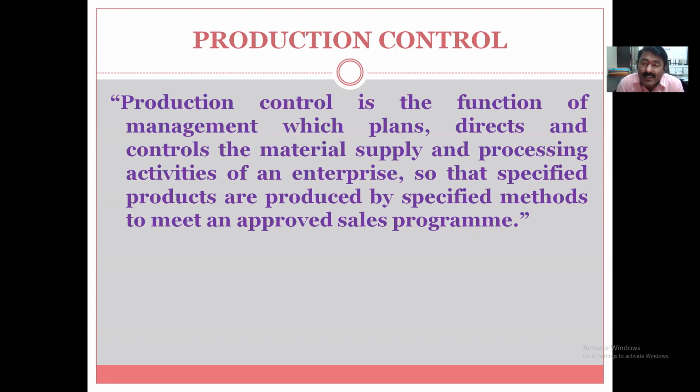Whether that activity is going as per the plan, in terms of quality and quantity, by considering all the aspects, this is nothing but production control. And if it is not as per the plan, then taking the appropriate actions so as to bring it on the plan. So this is production control.